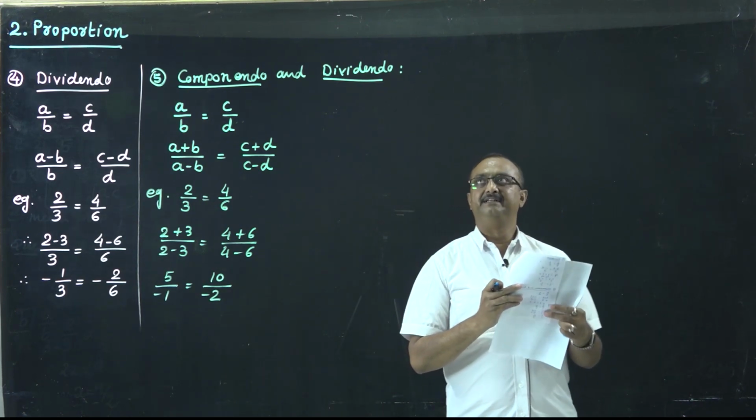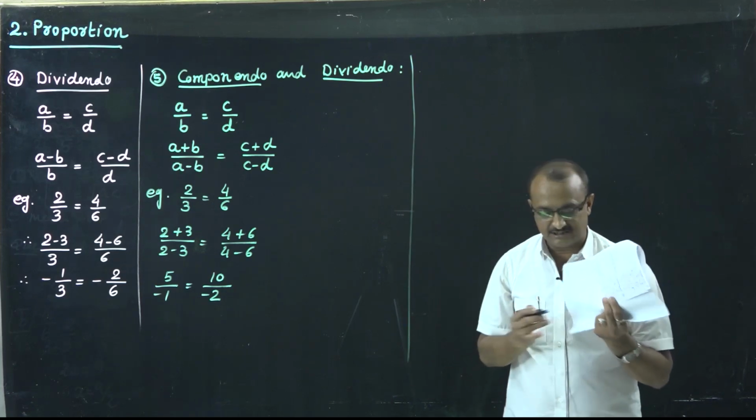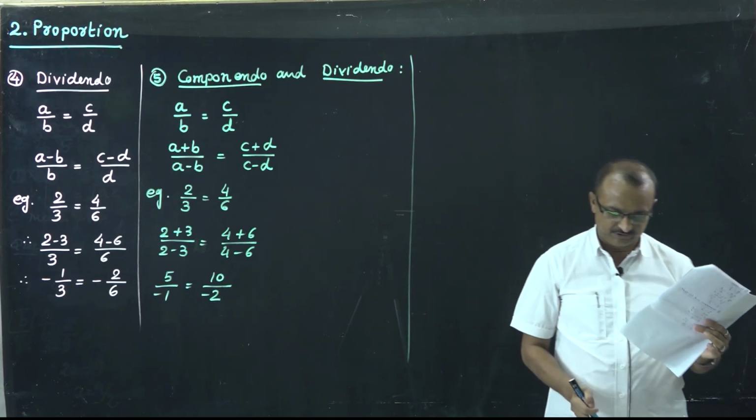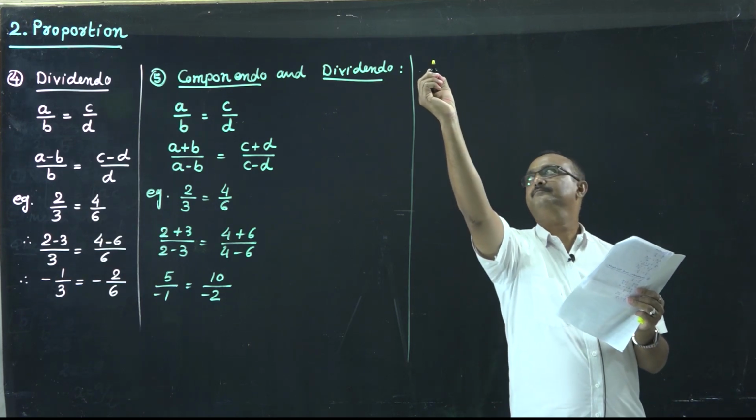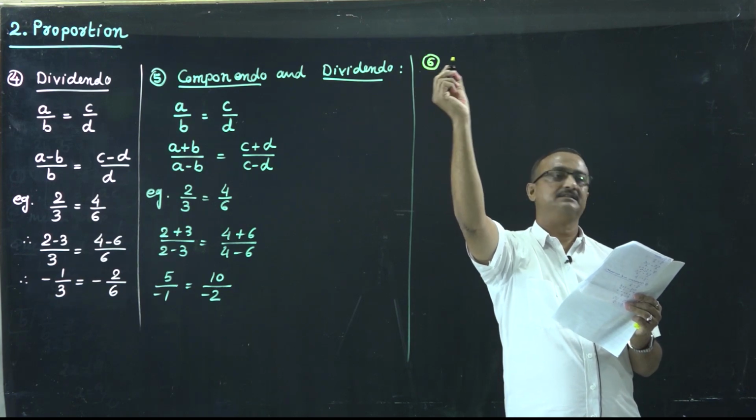Okay, now last one, number 6, the last property of proportion is addendo. Number 6.